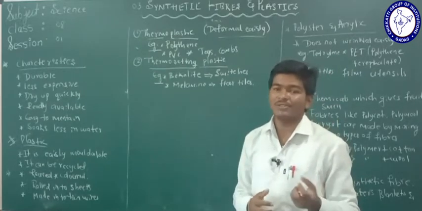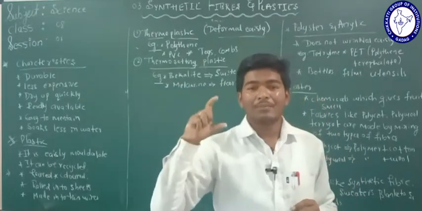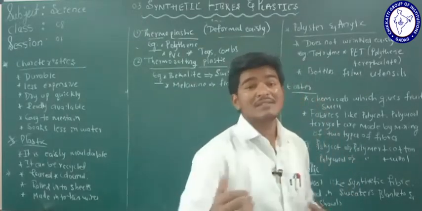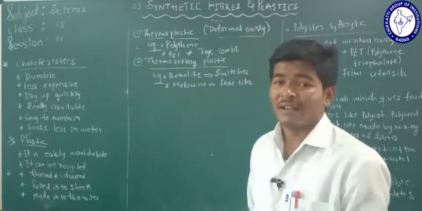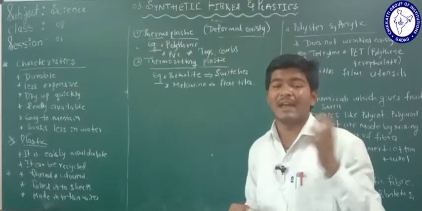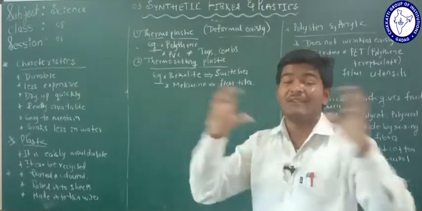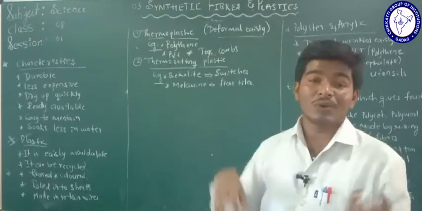In science there is one word, entropy. Man always moves towards entropy. Entropy means he does not want to struggle to get anything. The man always has one thing in his mind: he wants to get everything easily, without effort.